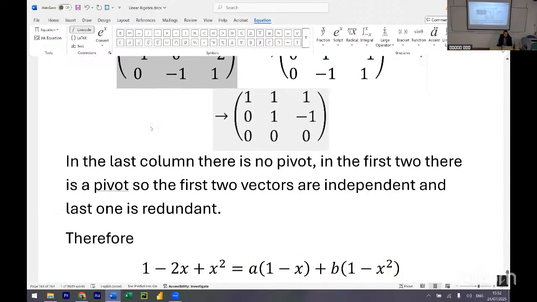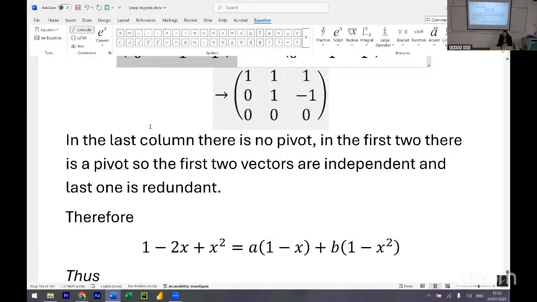Right. So the direct answer to your question is no, it's not that the third one must be the redundant one, but you don't want to worry about it when solving a question. You just take the vectors with pivots and you are sure you got a set of vectors that spans all of the rest. And that's what you want.